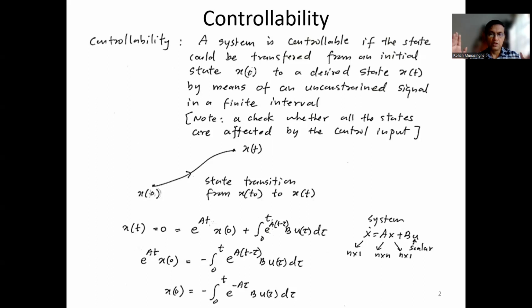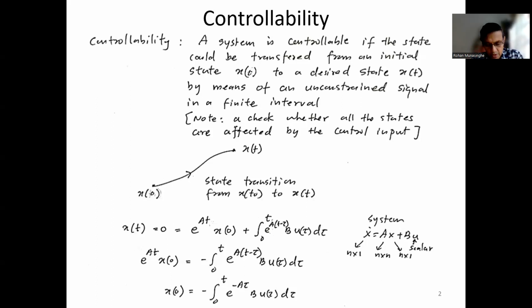So the time is finite and the control signal is unbounded, or unconstrained. You can get any big control signal as you wish, positive or negative. So there's no bound, no controller saturation kind of problems. If that is the case, you can move the plant from the initial state to any final state within that time period. That is if the system is controllable.